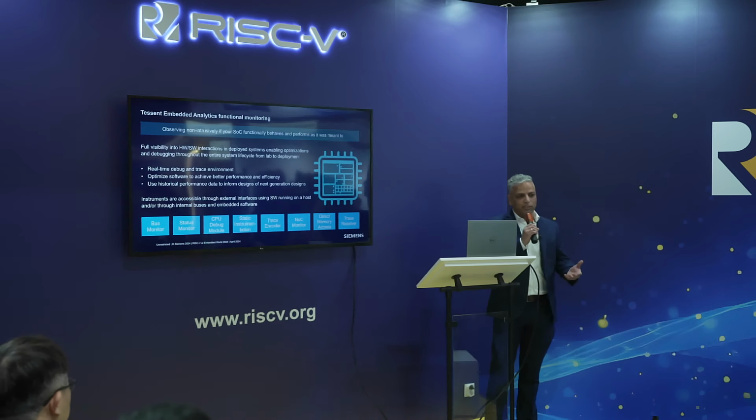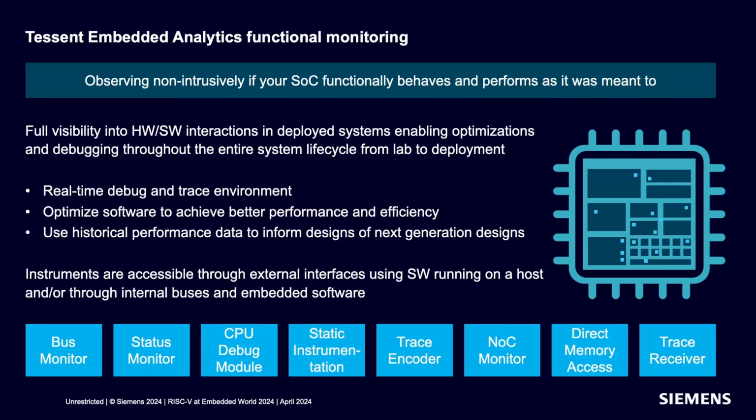One of the ways is obviously to use the hardware interfaces which are provided, but there are other ways you can access the data provided by these monitors. This includes embedded software. That's another way you can get the data. And in this sky blue color, you can see the various types of monitors we have, so you can use the one which is suitable for your application.